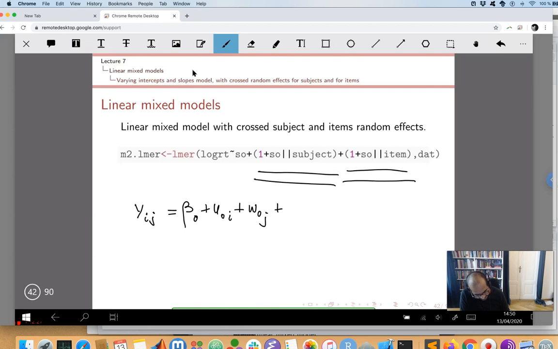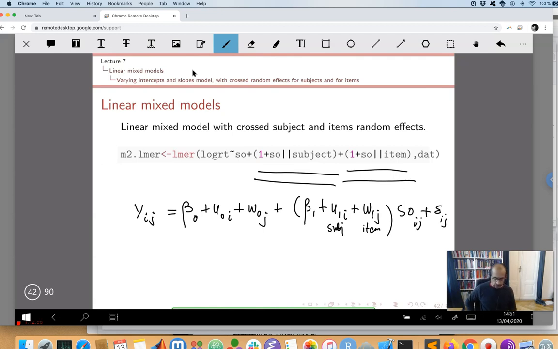For the slopes, I've got a grand mean slope, a slope adjustment by subjects and a slope adjustment by items. Then I've got my coding for subject and item, and my epsilon for every subject and item. So that's the full model.